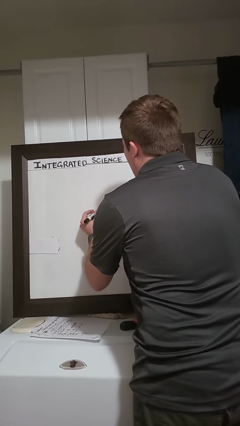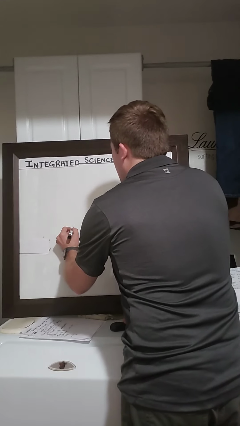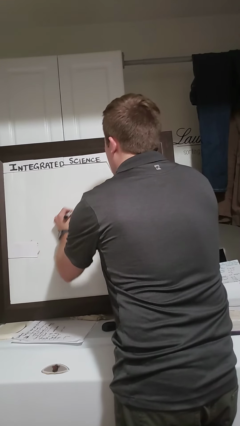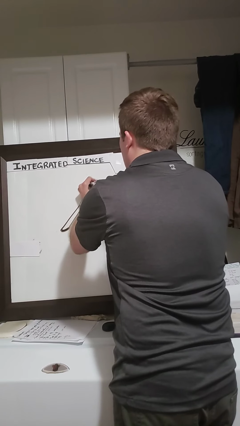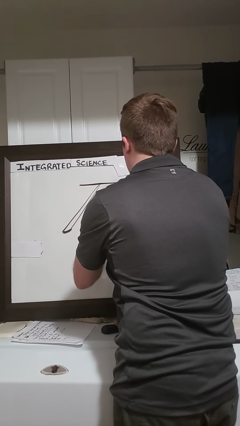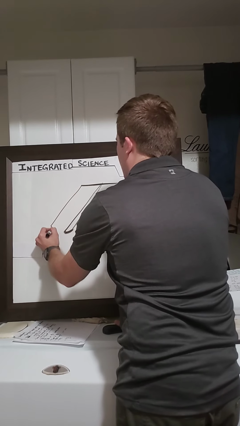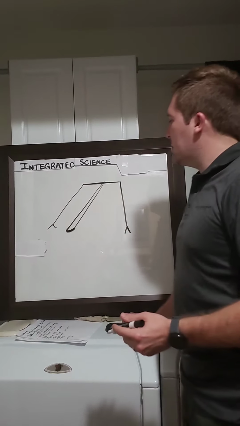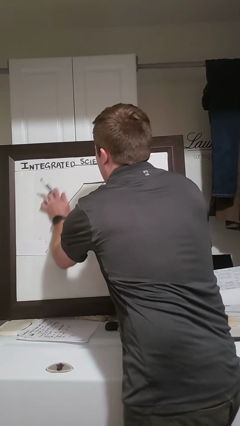All right, I'm not very good at drawing a swing, but let's just say there's a swing here. Okay, so let's say we're swinging. It's not very good.